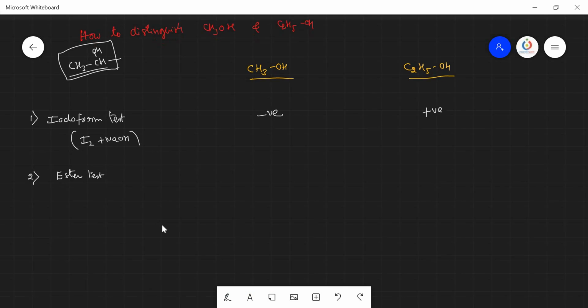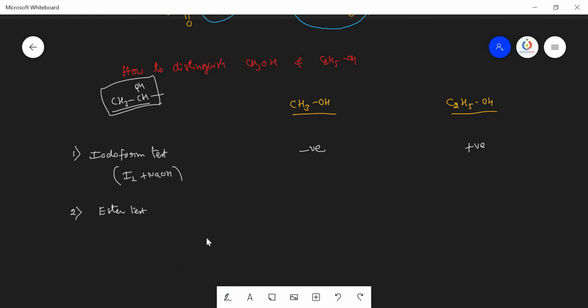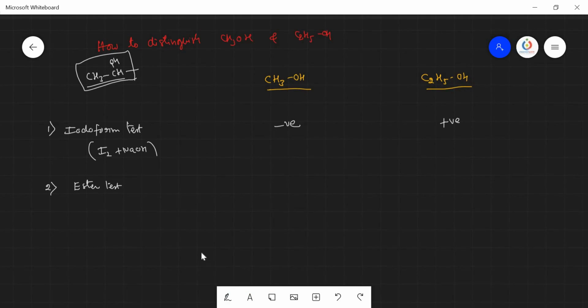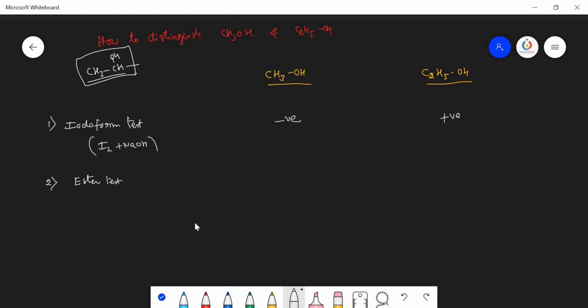In this ester test, any alcohol when subjected to a carboxylic acid forms an ester, and we look at what type of smell the esters give. So simply you take acetic acid, CH3COOH, plus concentrated H2SO4.